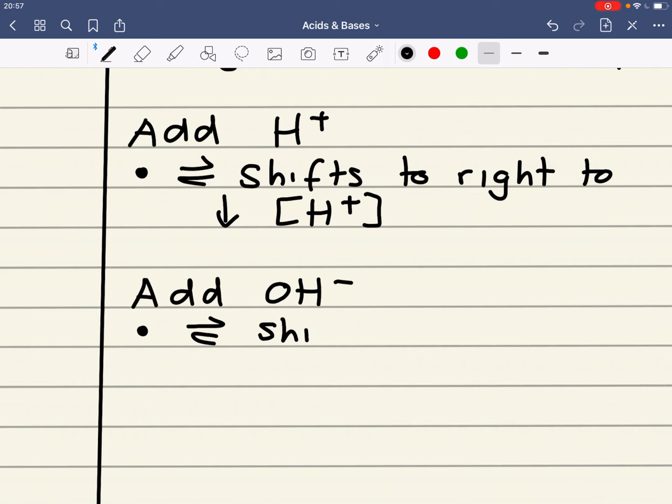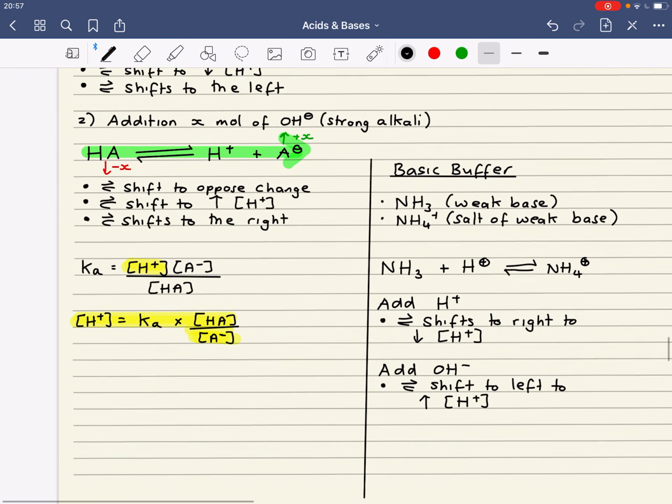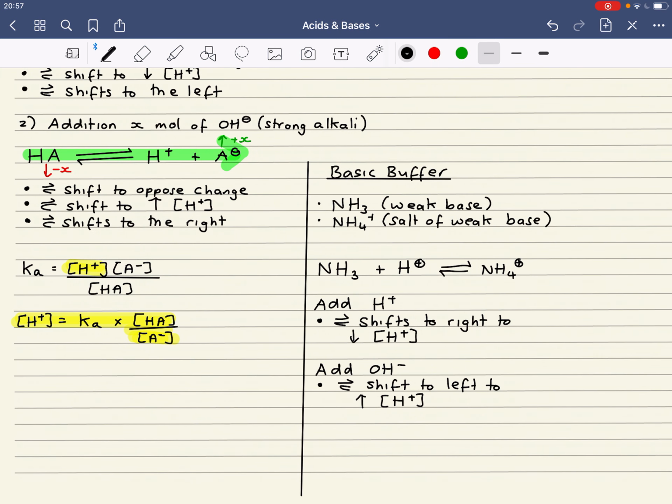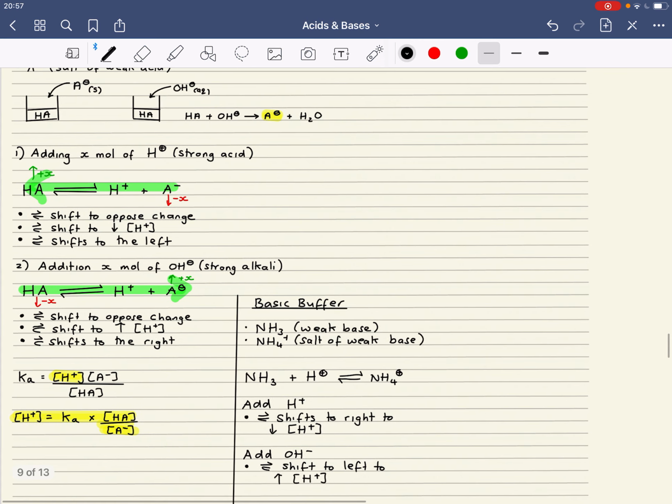The equilibrium shifts to the left to increase the hydrogen ion concentration. And by doing these things, it will maintain the pH. It'll keep the pH relatively constant. So that's how buffers work in a qualitative way.